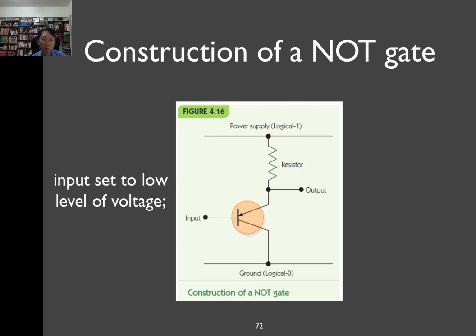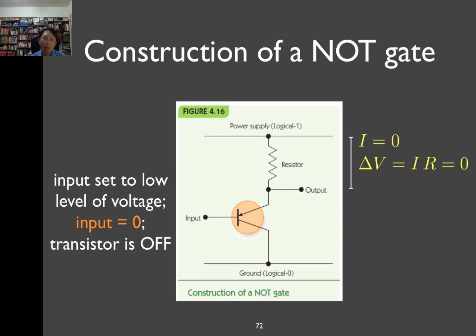That means the input is the same voltage as the ground。也就是它的 input 的电压跟这个接地的这一端是一样的。Then we say input is 0。The transistor will be off。就像开关被关掉一样，电流是不通的。Then, since there is no current in the resistor, there is no voltage drop. Delta V is 0.